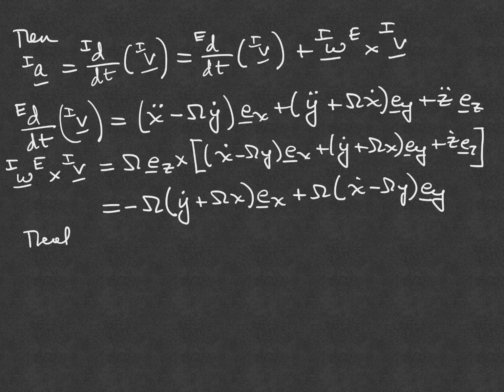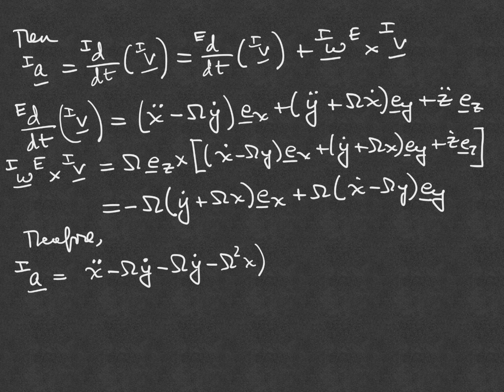So therefore, the inertial acceleration is equal to, well, if we add up all these terms, we've got x double dot minus omega y dot, and then I have another minus omega y dot, and then I have minus omega squared x times EX. And then the next term is plus y double dot plus omega x dot, and there's another omega x dot minus omega squared y.